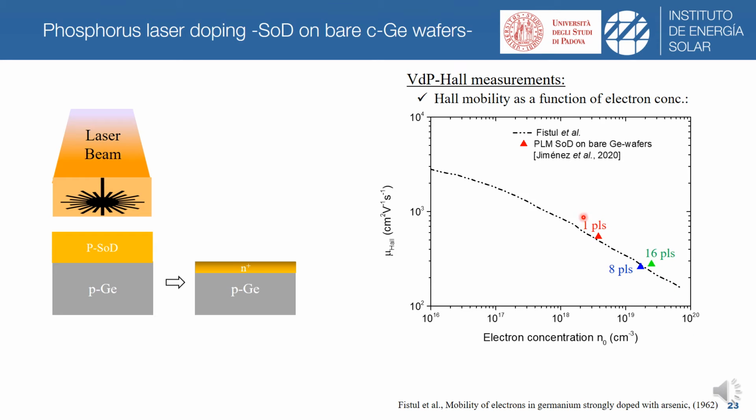And these are the different relationships for different laser conditions that we have obtained in our work. So as you can see, we have achieved active concentration higher than 10^19 per cubic centimeter, and more importantly, you can see that the electron concentration follows the expected trend for the Hall mobility. And this means that the laser irradiation is not likely to introduce any detrimental effect which enables scattering of carriers apart from ionized impurities.